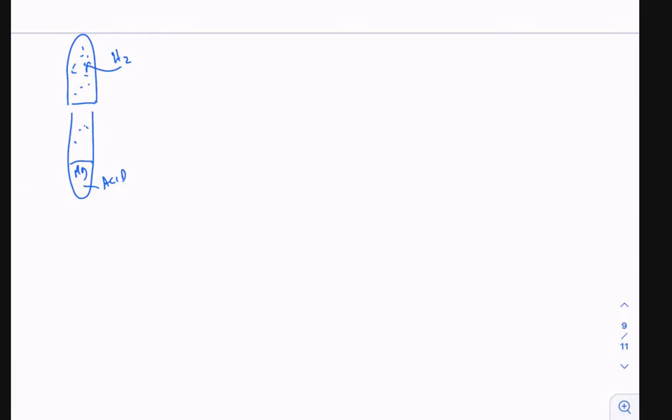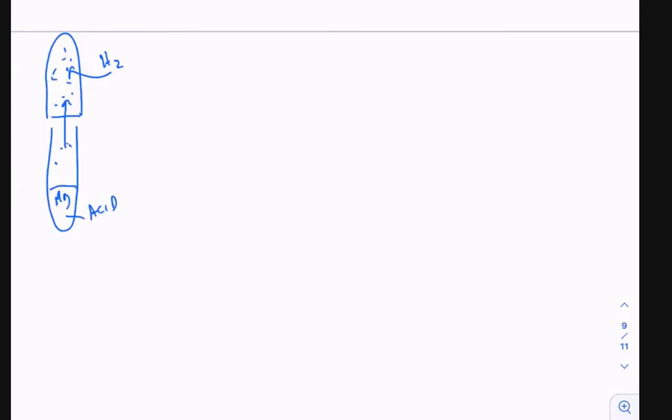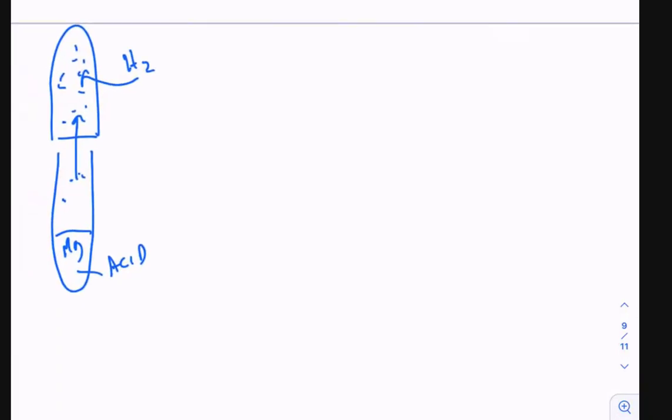So in this test tube, there's hydrogen gas in there clearly, because the hydrogen is floating upward. But what else is in that test tube? Outside air. Yes, air. There's also air in there.